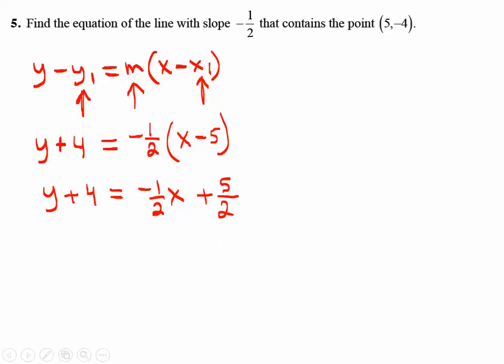Still not done, because we're not solved for y. What should we do next? Yeah, subtract 4 from both sides. Okay, now that's not fun, because the slope is still okay.